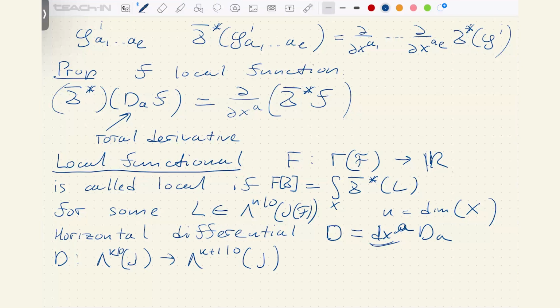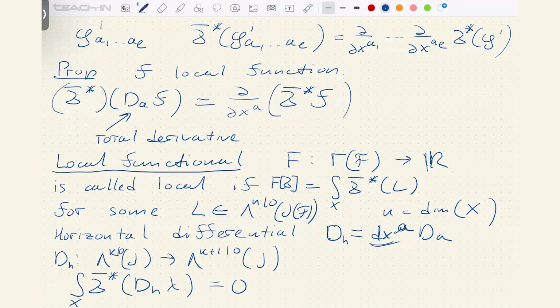And then, of course, if we can neglect boundary contributions, we have the following simple statement: the integral over X of sigma bar star of d_h acting on lambda is 0, just because it's a total derivative, right?